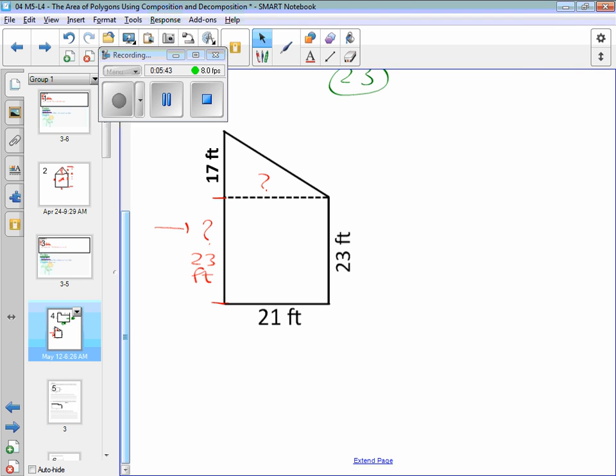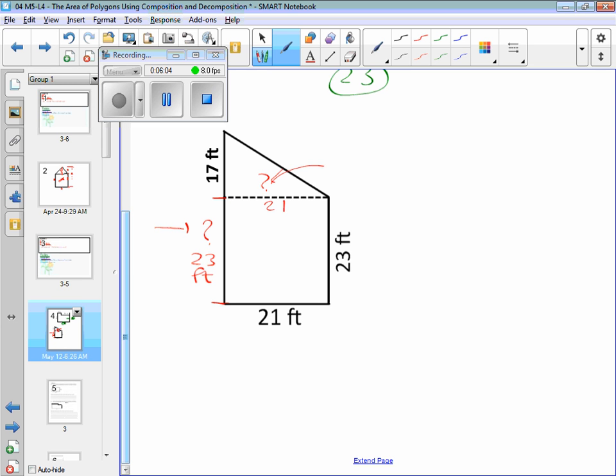What's this? Why 21? Opposite sides of a rectangle are equal.